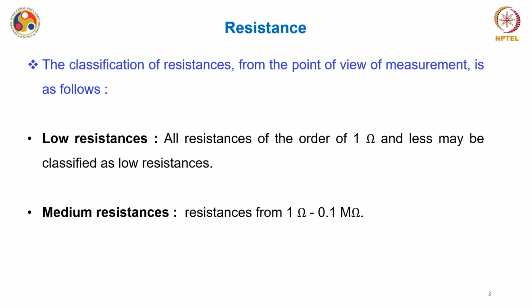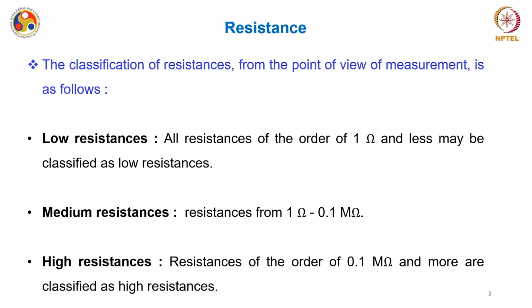So low resistance is of the order of 1 ohm and less, medium resistance is in the range of 1 ohm to 0.1 mega ohm, and high resistance can be distinguished from low and medium resistances by its value: anything beyond 0.1 mega ohm, in the range of certain mega ohms, we are considering as high resistance.